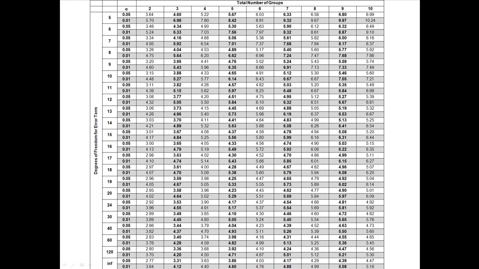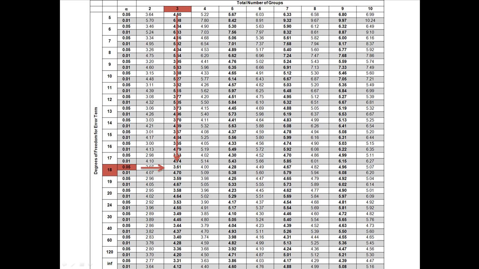In order to find Q, we have this special table, the Q table. Now we know that we have 3 groups that we're comparing with 18 degrees of freedom. Now using alpha 0.05, which we usually do, we find a Q value of 3.61. So that's the Q that we're going to plug into our equation.